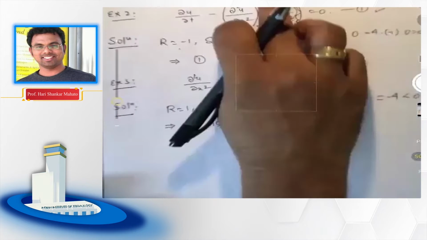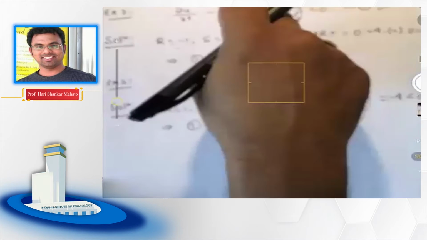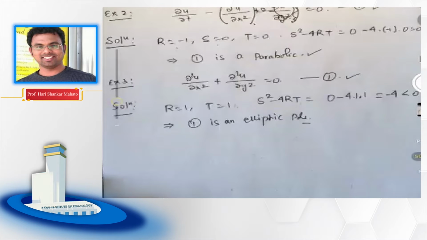Just calculating this, you might also call it the discriminant. So calculating this discriminant will tell you whether the given PDE is hyperbolic, parabolic, or elliptic.